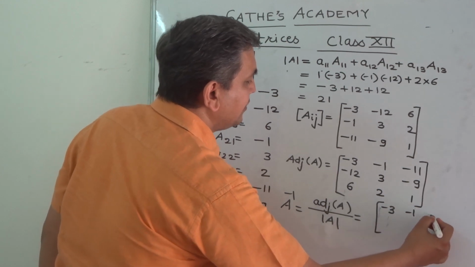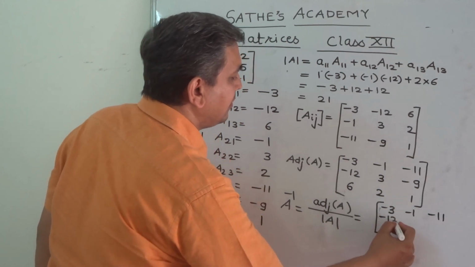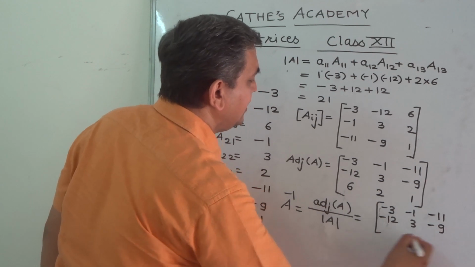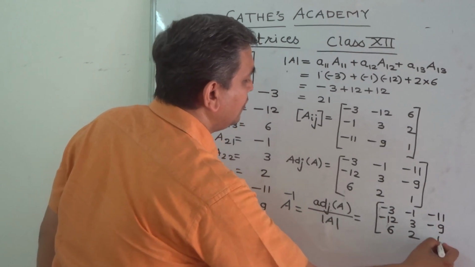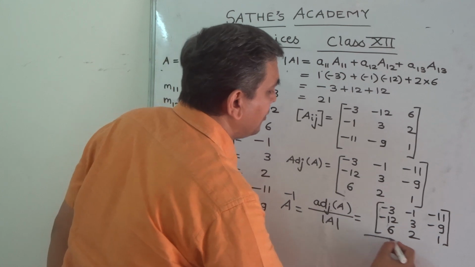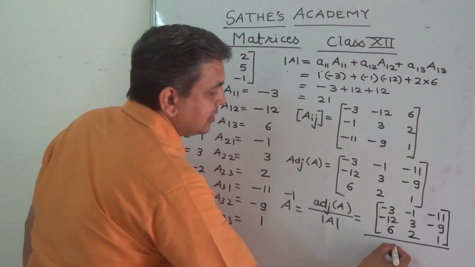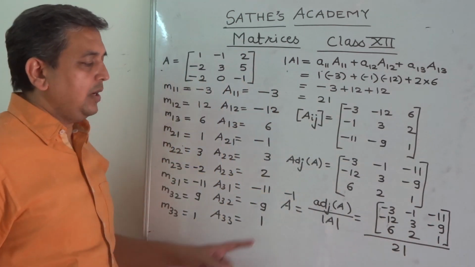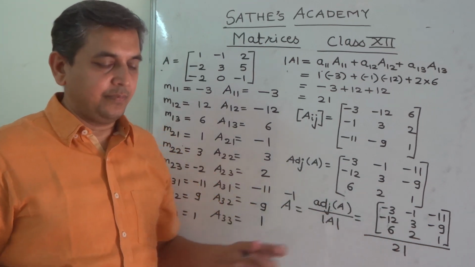Minus 3, minus 1, minus 11, minus 12, 3, minus 9, 6, 2, 1 upon determinant was 21. So A inverse is given by this.